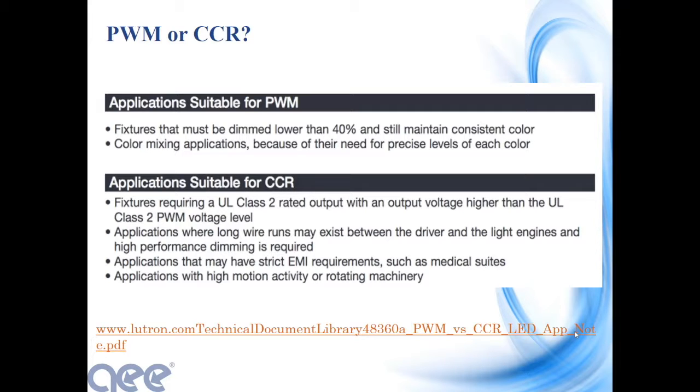Other applications suitable for CCR are fixtures requiring a UL Class 2 rated output with an output voltage higher than the UL Class 2 PWM voltage level. Applications where long wire runs may exist between the driver and the light engines and high performance dimming is required. Other applications that may have very strict EMI, electromagnetic interference requirements, such as medical suites, and applications with high motion activity or rotating machinery.